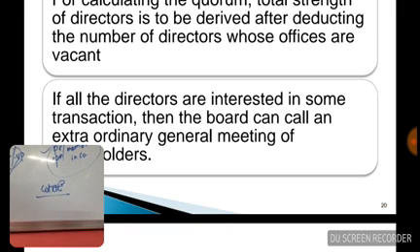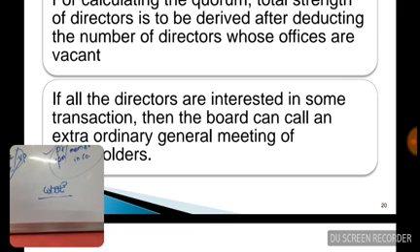These provisions were enacted. This is about the interested directors.